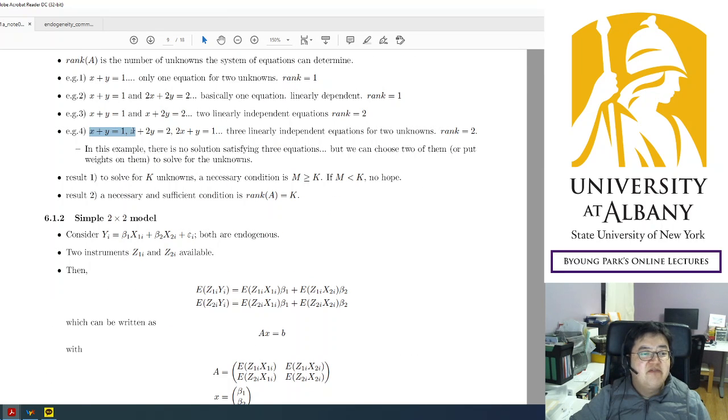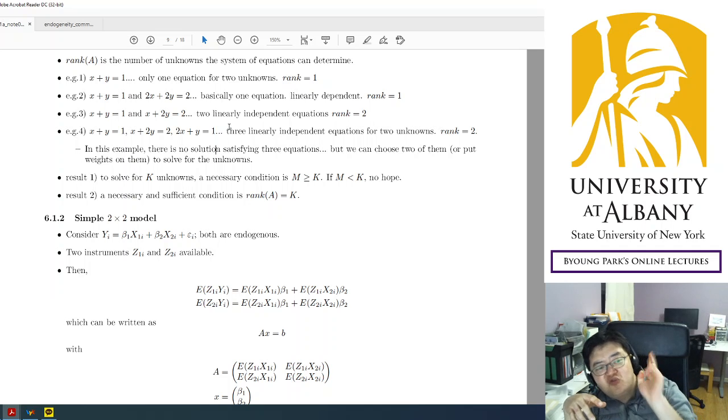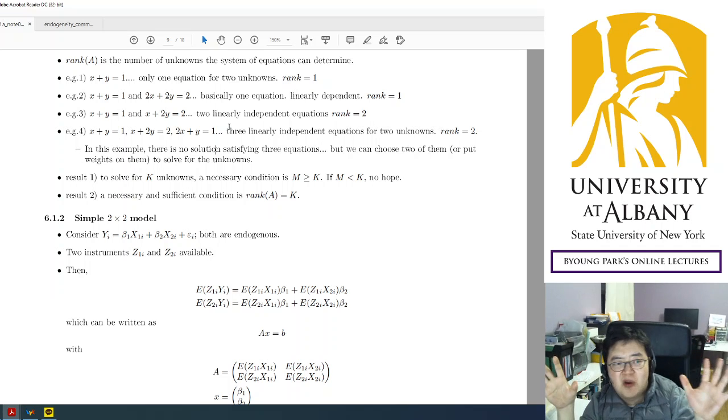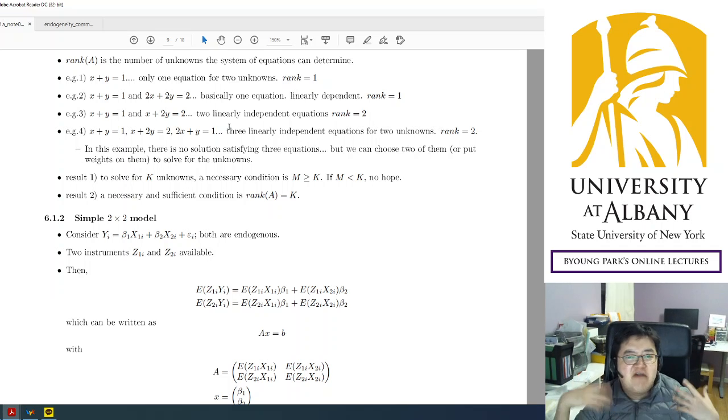If you have these three equations, you may choose two of them, or you may combine and mix the three equations and end up with just two equations.